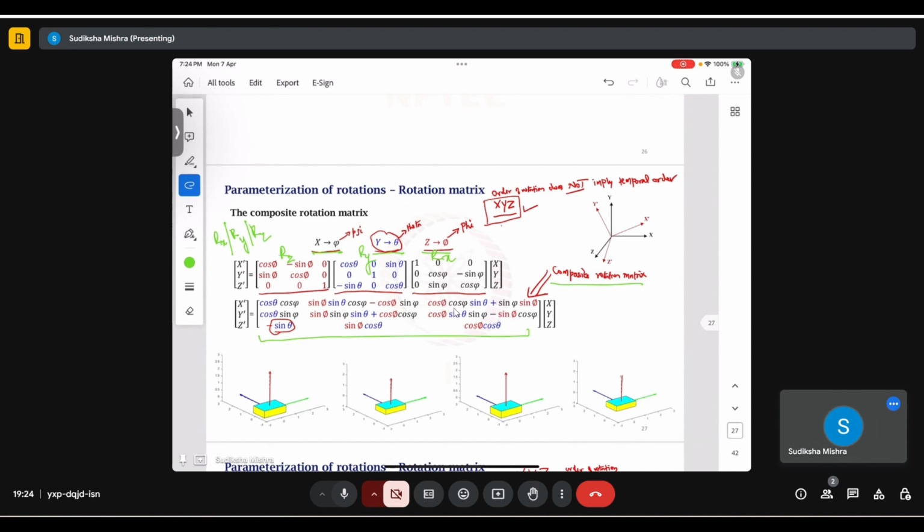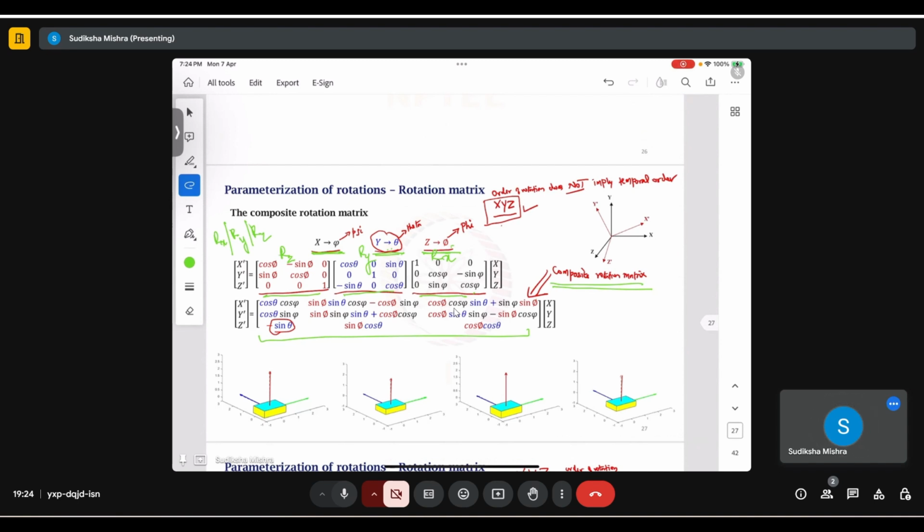Suppose the rotation is such that about x the rotation is psi, about y the rotation is theta, and about z the rotation is phi. Then, since it's about z, for phi you write the rz, for theta you write the ry, and for psi you write the rx. You multiply these three matrices and you get something known as a composite rotation matrix.